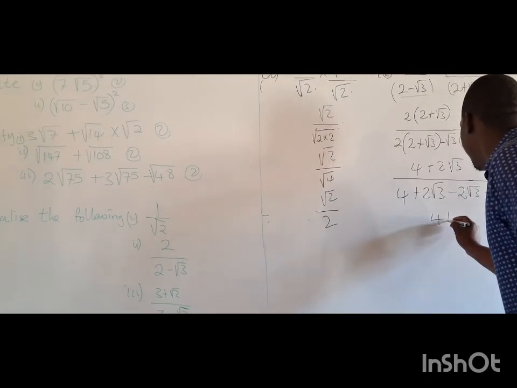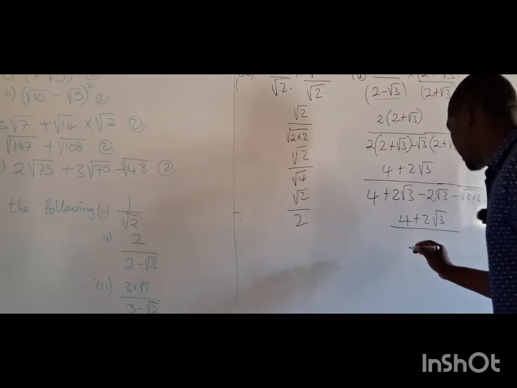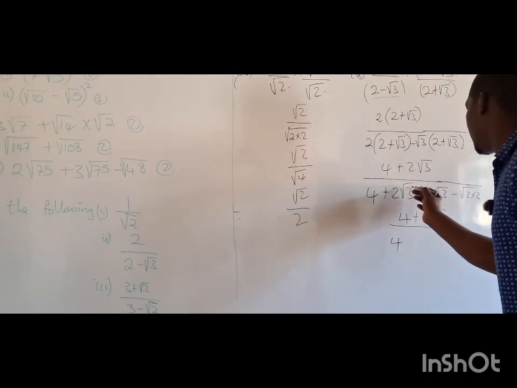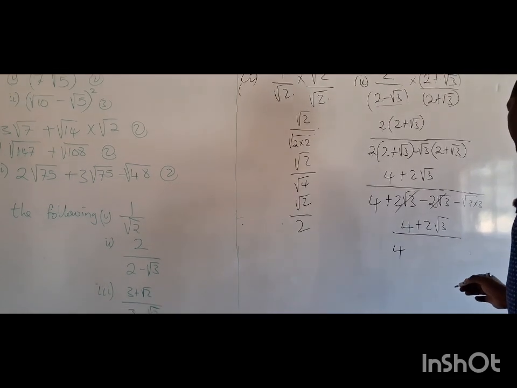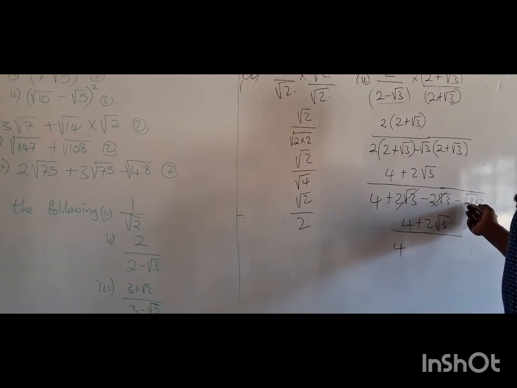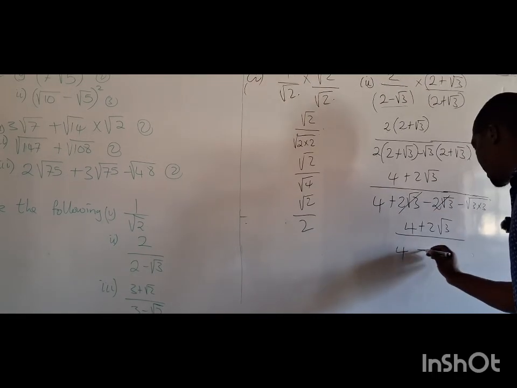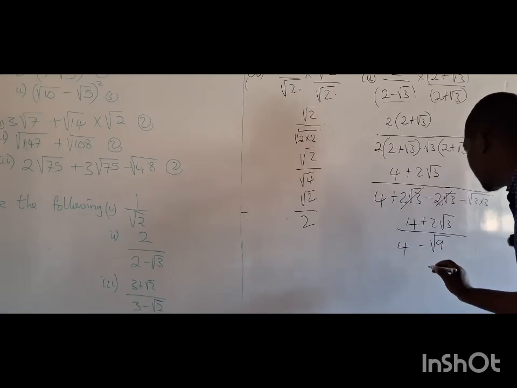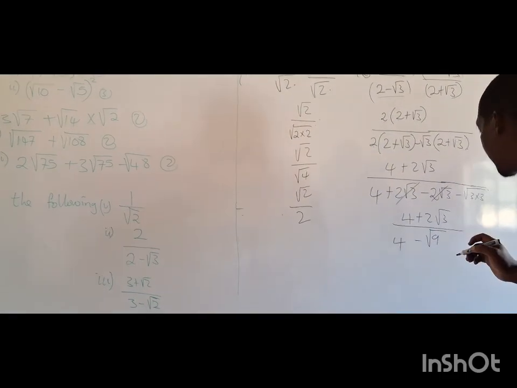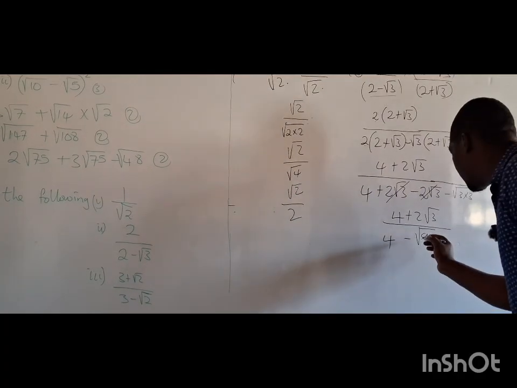So we are having 4 plus 2 root 3 over 4, 2 root 3 minus 2 root 3, they cancel each other. And then here, root 3 times 3, we are having minus root 9. Here we know that root 9 is 3. We are getting 3 there.